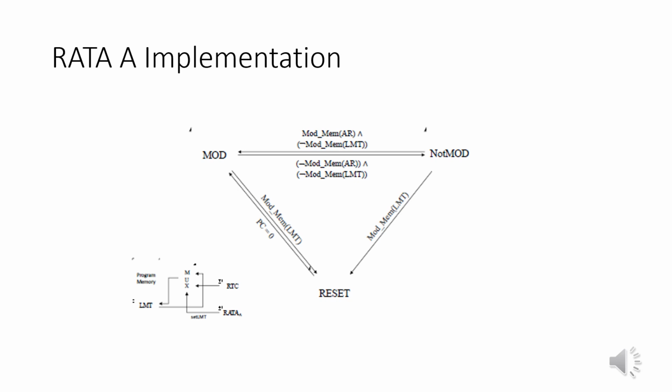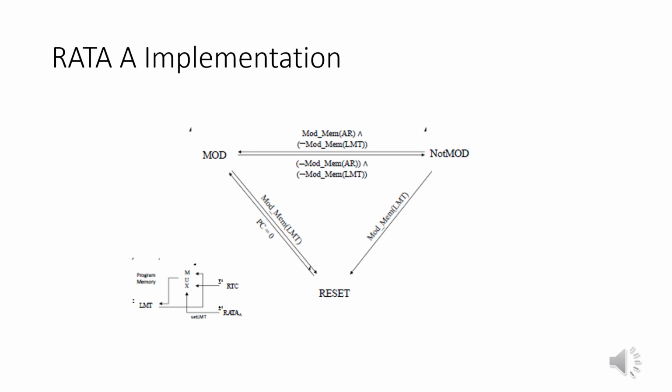Reset is 1 whenever the state machine transitions to the reset state, and while it remains in that state; it is 0 otherwise. Whereas set LMT is 1 when the state machine transitions to the mod state and becomes 0 whenever it transitions out of the mod state. For all other cases, set LMT is 0.